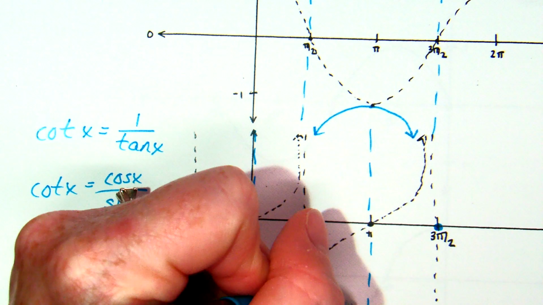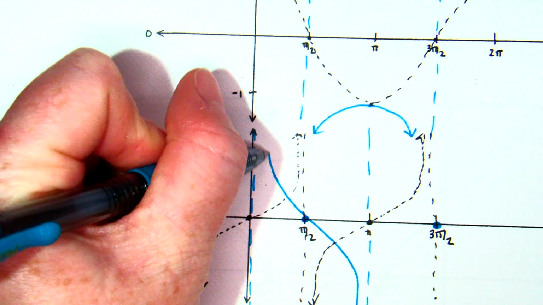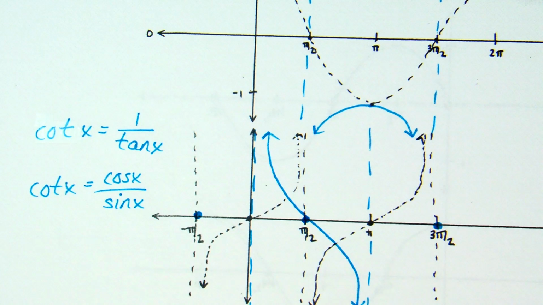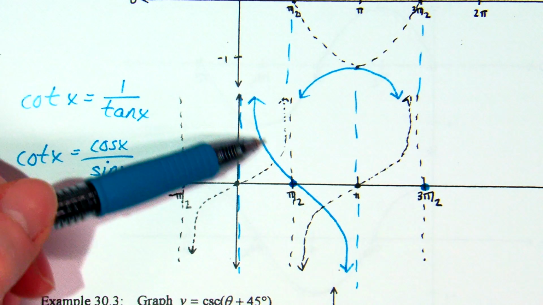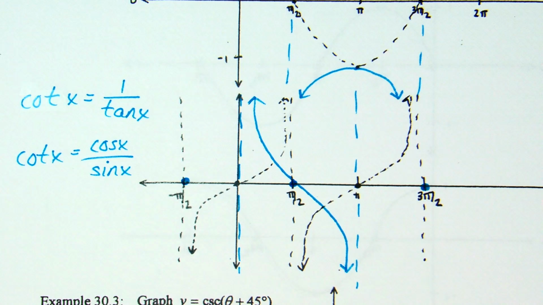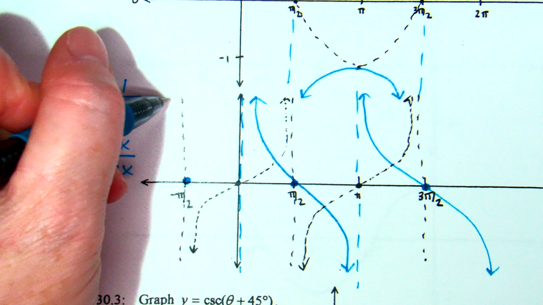I need to start low. Does that make sense? So I did my middle there in between 0 and pi. So it starts up at 0, cuts through pi over 2, goes down along pi. And officially, you at least need to draw half of the other sets in, right?